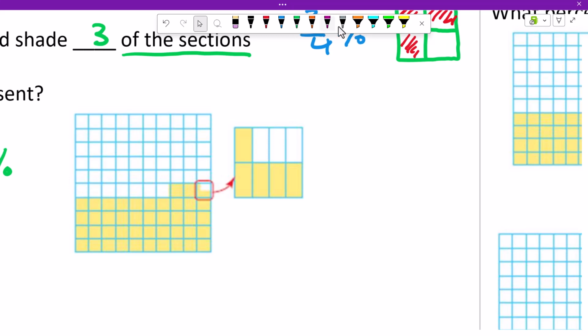So 42 full boxes. Then we look for our partial. What is our fraction? How much is in the little tiny box? Price? 5/8. So 5 shaded out of 8. And the percent symbol.